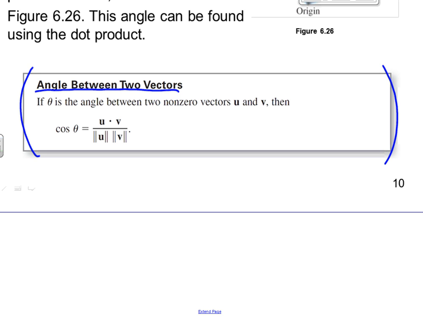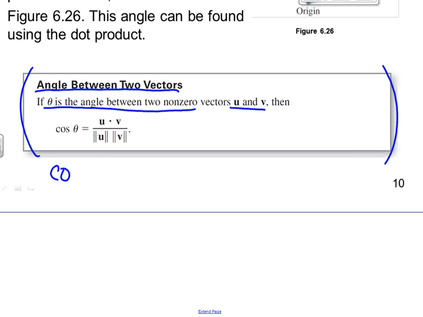The angle between two vectors: if theta is the angle between two non-zero vectors, vector u and vector v, then the cosine of theta is u dot v over the magnitude of u times the magnitude of v.